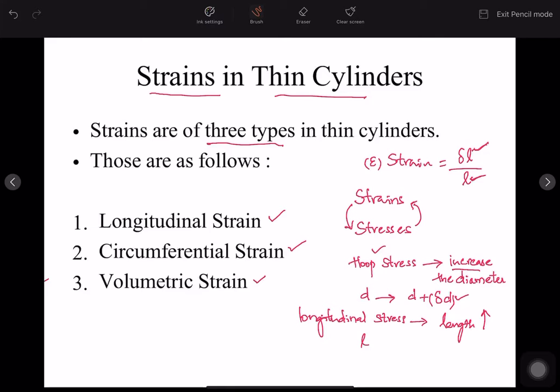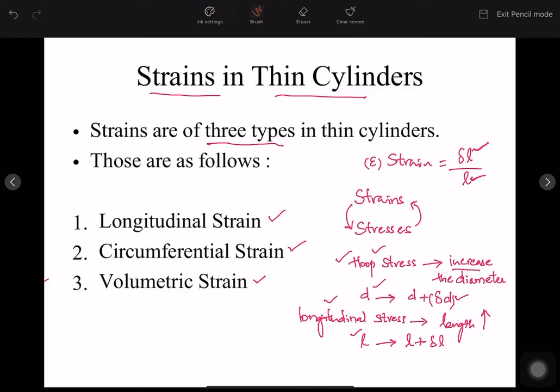So L becomes L plus delta L. Because of these two stresses, you can see the dimensions of the cylinder are getting increased, that is diameter wise and length wise.